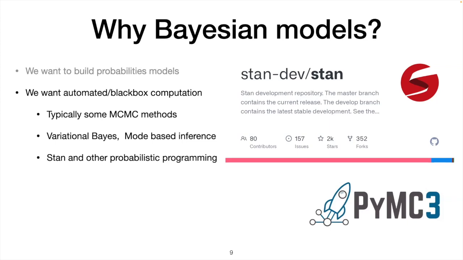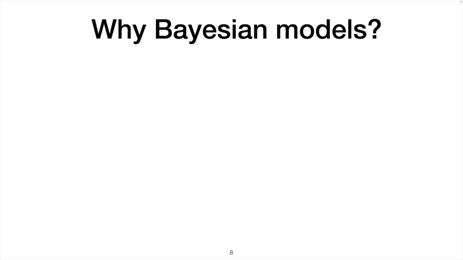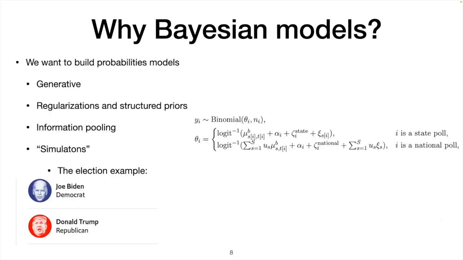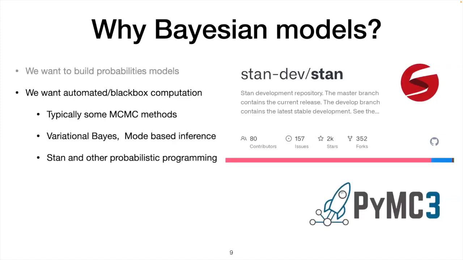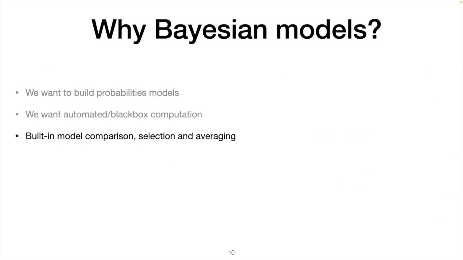Probabilistic programming just means that, for example, with the previous probability model, you just tell the probabilistic programming that you have this model, and then this type of inference engine will help you make inference, and you don't have to do anything.